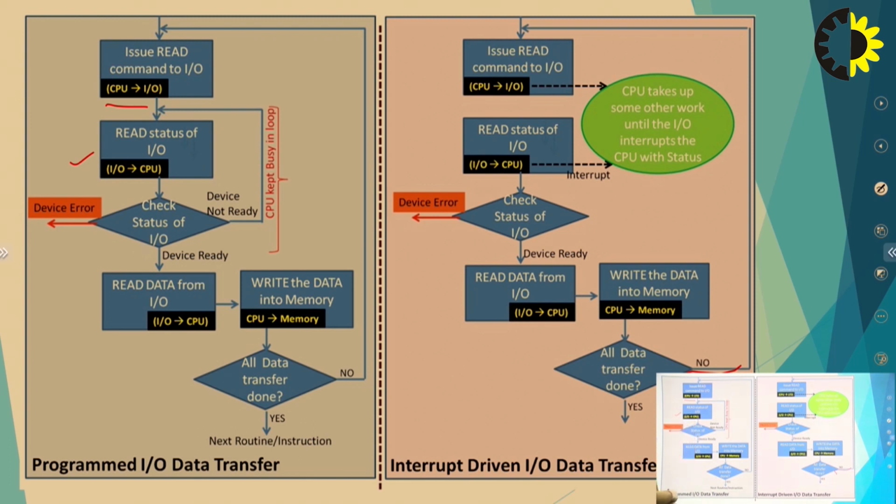Up to here, the CPU will be in a loop unless and until it gets the OK. Now the input-output is ready, the status is given to the CPU. The CPU will simply wait idly.